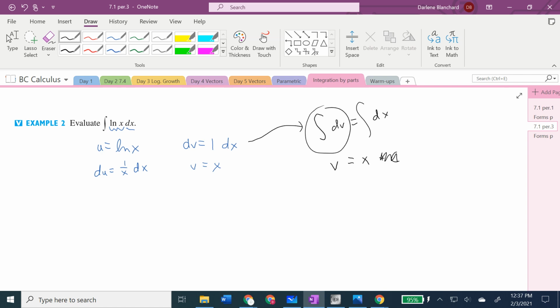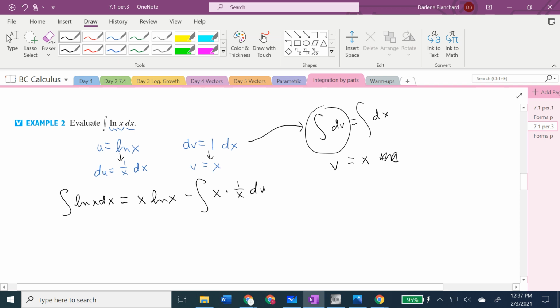So once we have figured out the derivative and the integral, then we're ready to say the integral of natural log x dx is equal to u times v minus the integral of v du. And just keep in mind that the v and the du are your results of taking the derivative and taking the integral of your two chosen parts.